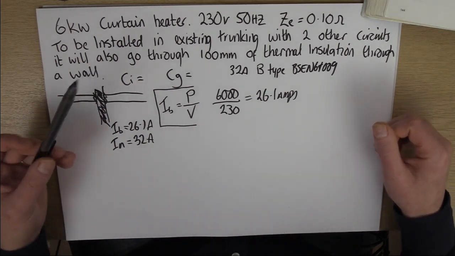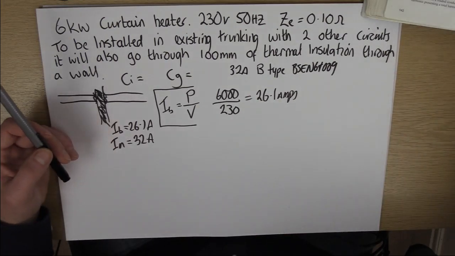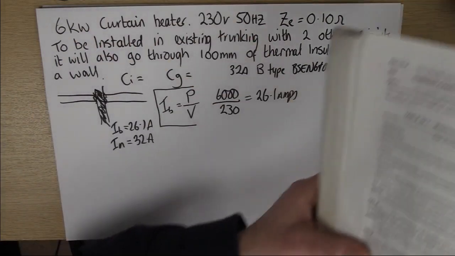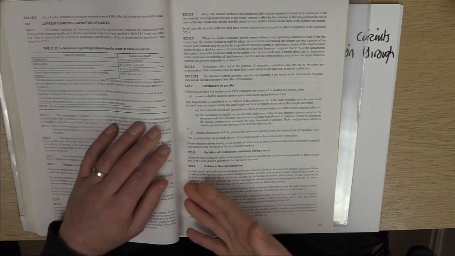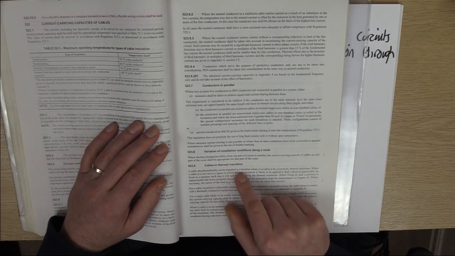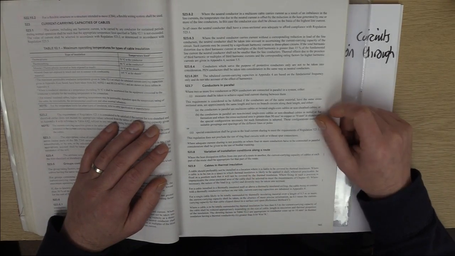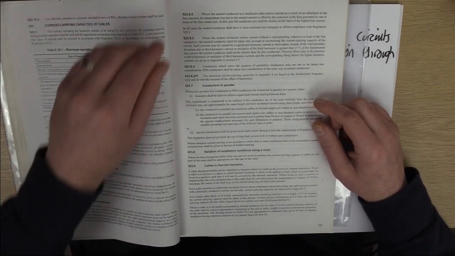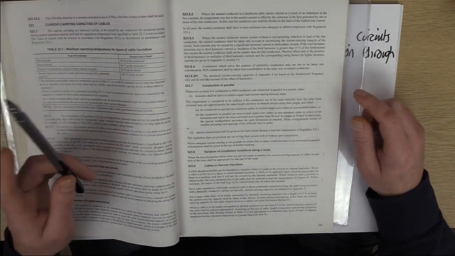Now it says essentially, if you read that section, 523.9, it starts off by saying a cable should preferably not be installed in a location where it's liable to be covered by thermal insulation. For obvious reasons really, it's going to suffocate, isn't it? It's going to not be able to breathe.